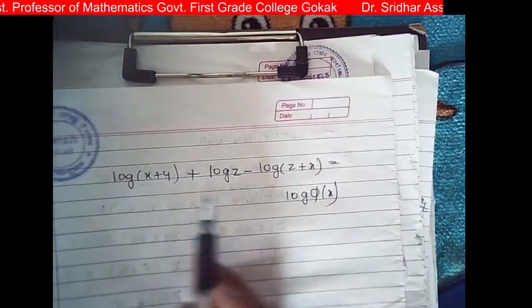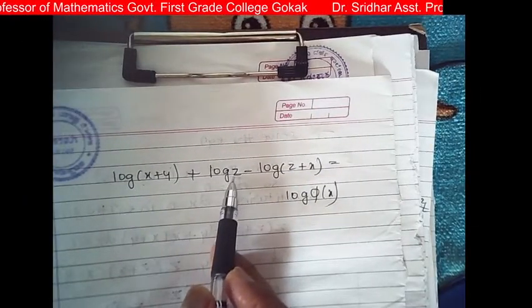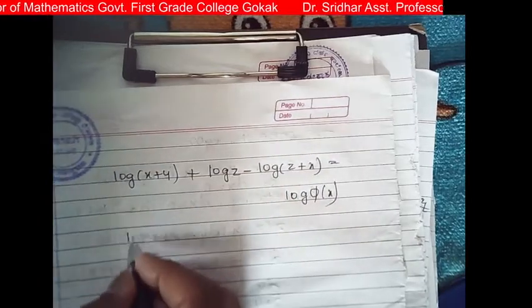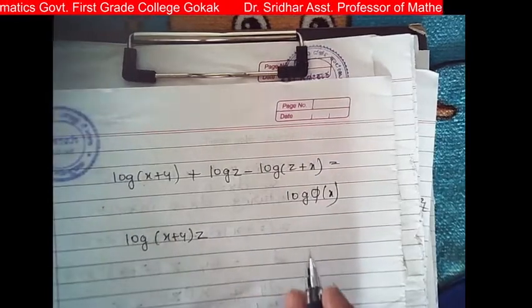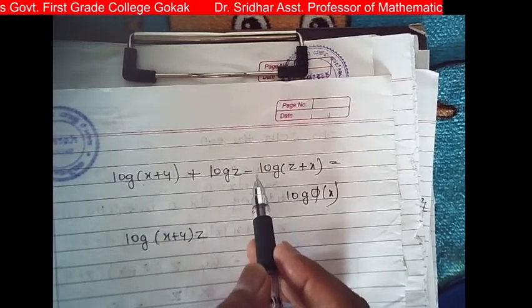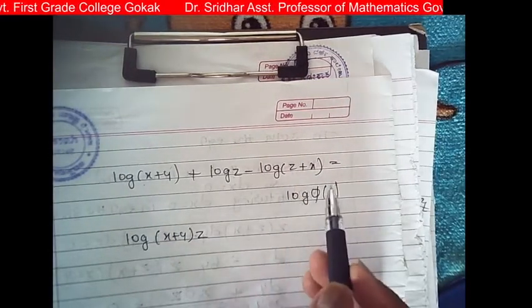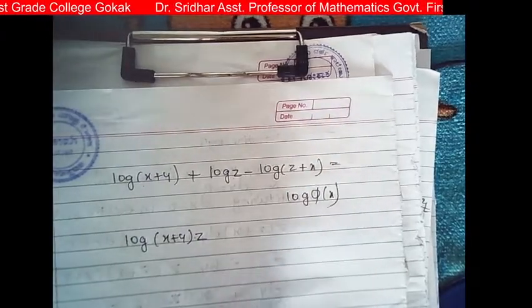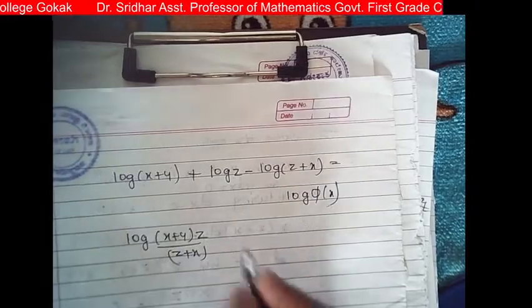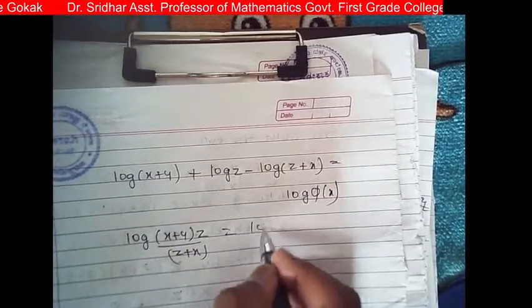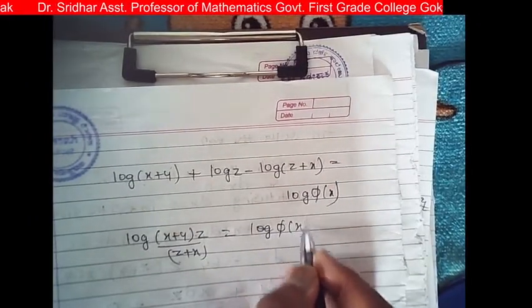Now this is log a plus log b, so it is log ab, and it is minus log c, which means it is log ab by c. So log of (x plus y) into z by (z plus x) is equal to log phi of x.